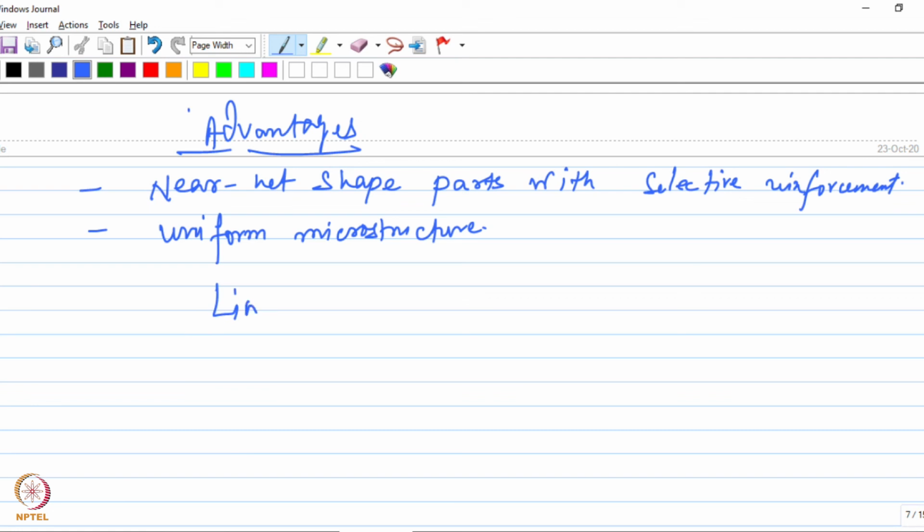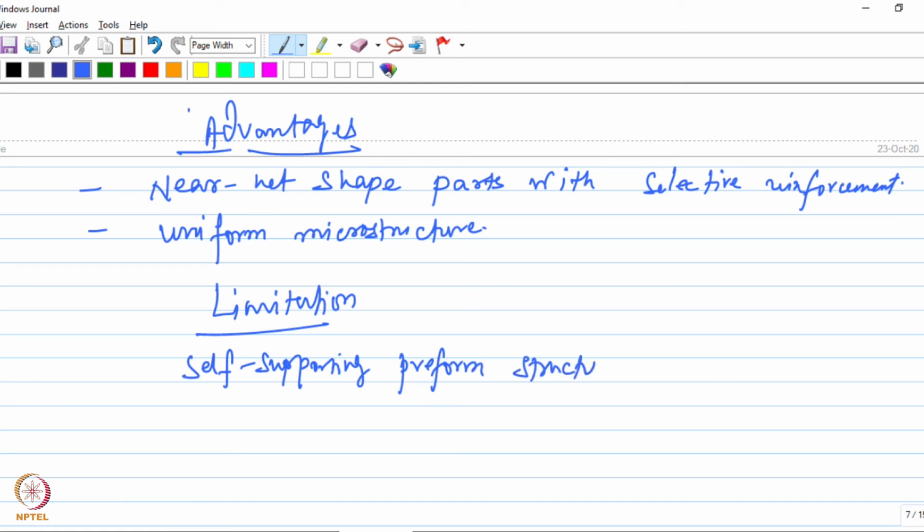The major limitation of this process is the fact that the reinforcement has to be assembled in a self-supporting structure. So this is a primary requirement.